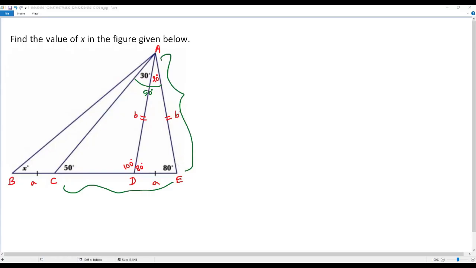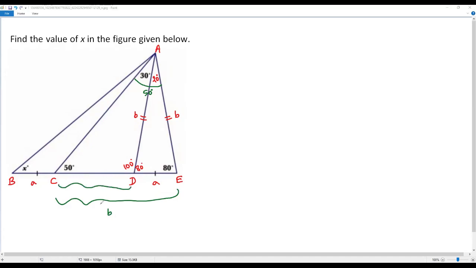Already we have assumed lowercase b as the length of AE. So we can consider the same length for CE, that is lowercase b. Then what is the length of CD? To get the length of CD, we have to subtract a, the length of DE, from the length of CE. So let's subtract lowercase a from lowercase b to get the length of CD. Then we get b minus a.